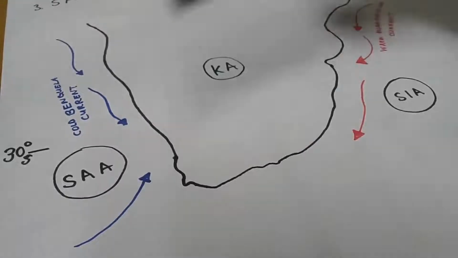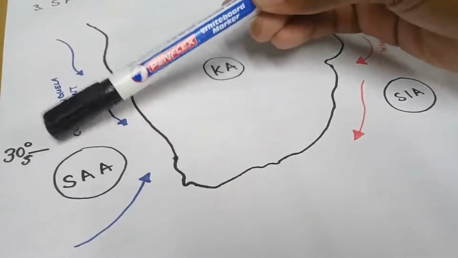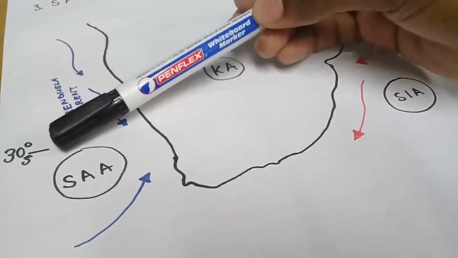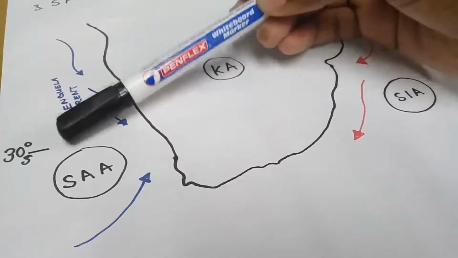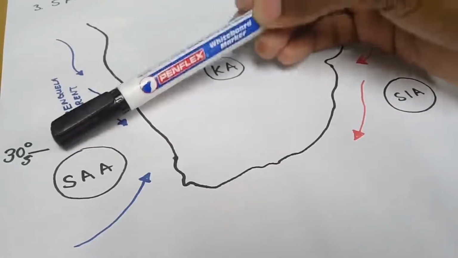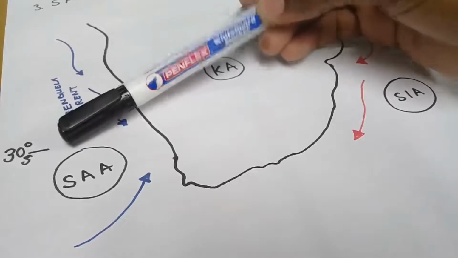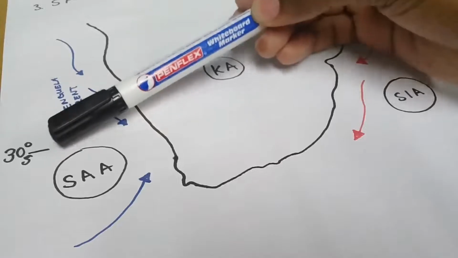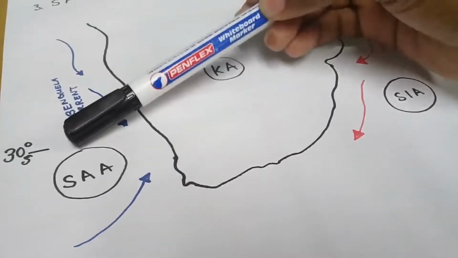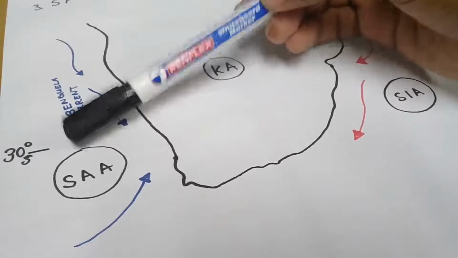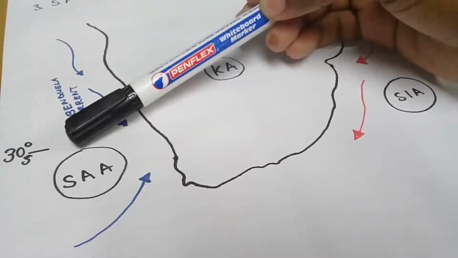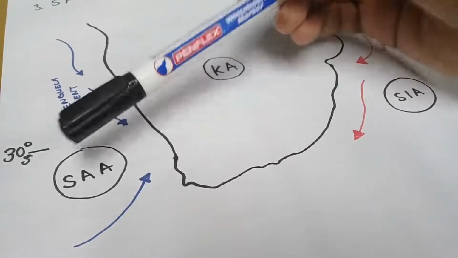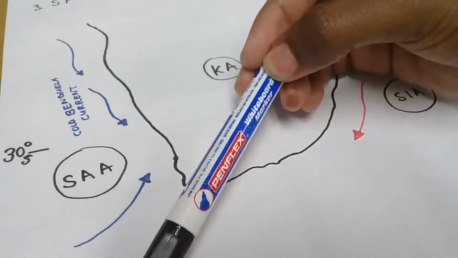Okay, so as you can see, this is the 30 degrees south. You know what happens on 30 degrees south. This is whereby our planetary winds or global winds are diverging, causing high pressure. This latitude has moved upwards in winter. So in winter it moves upwards, then in summer it moves southwards.